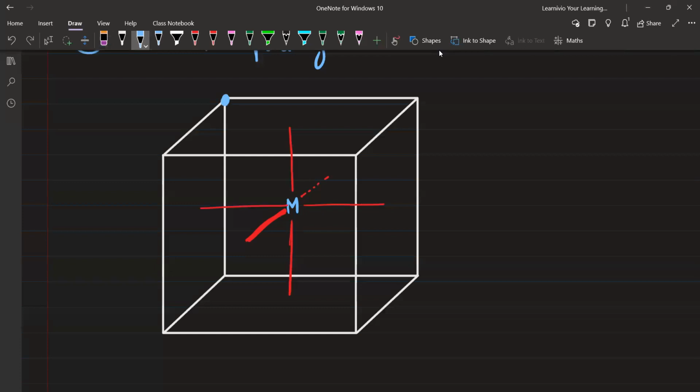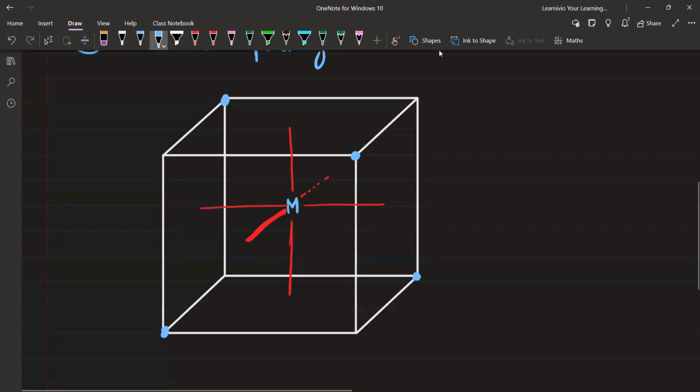This corner, not this corner, this corner. We cannot take this corner because it will not be alternate. We are going to take this corner. So from here the ligands are going to approach.